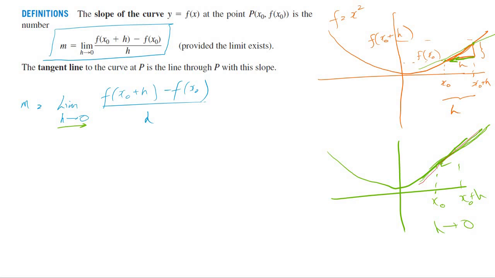So we say this is the gradient of the tangent as h goes to 0, the tangent of the red curve I've drawn here at x0.